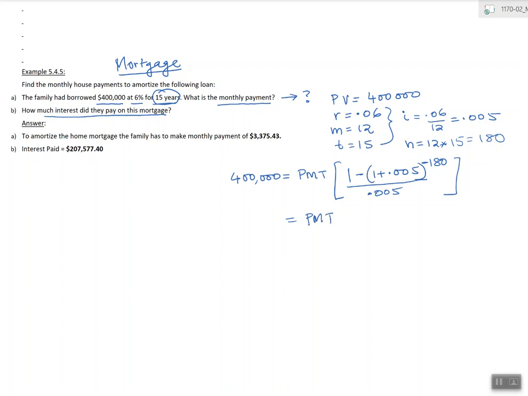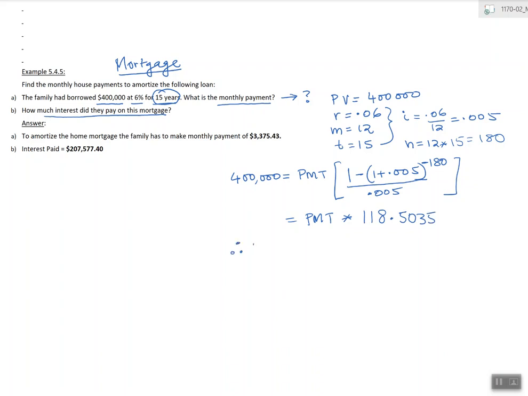And again, use your calculator carefully and find this number, which will be 118.5035.